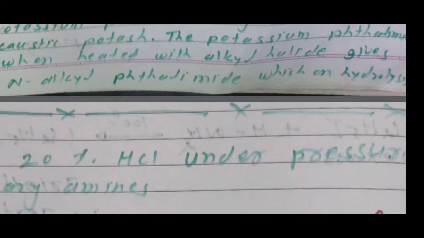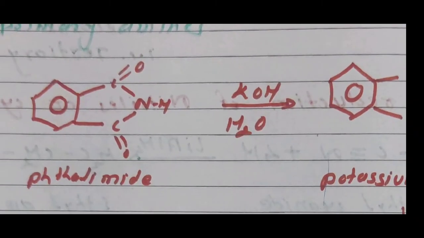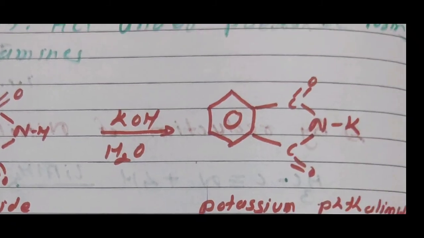I am showing the reaction of the Gabriel synthesis method. How is phthalimide formed? Phthalic acid, a benzene ring containing two COOH groups, reacts with urea, NH2CONH2, forming phthalimide. Then phthalimide reacts with KOH, forming potassium phthalimide.